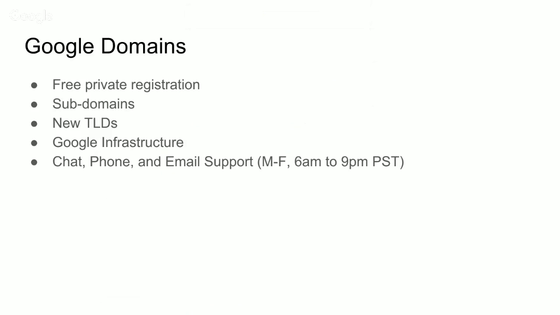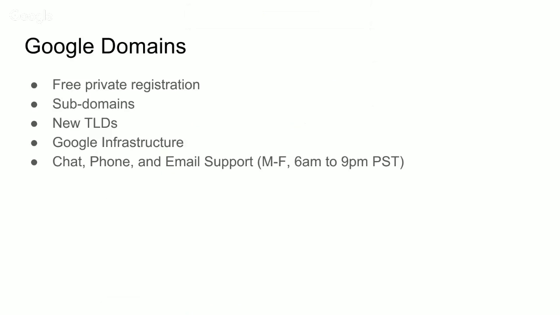So Google Domains, if you were starting out and you had a great idea for a project and you went and wanted to buy your domain name, Google Domains is nice because if you're comparing vendors, they do free private registration. Now, I'm comparing Namecheap to Google Domains.